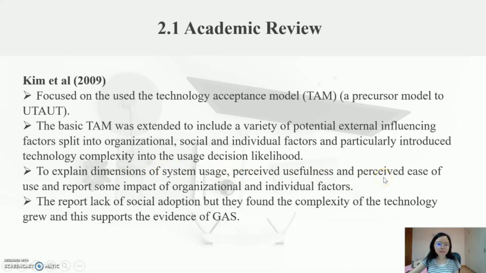They also link this model with the impact of organizational and individual factors. In short, TAM is a model that deals with the prediction and accessibility of information systems. It is a tool used to predict user acceptance, and it also helps identify modifications that will bring the system to be accepted by the user.